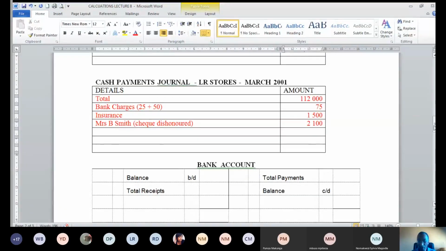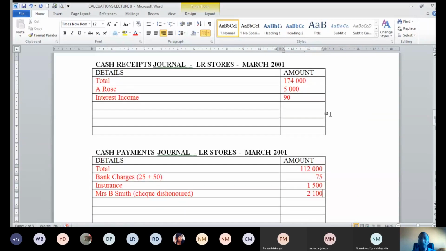So in my cash receipts journal now, guys, I need to add up all the amounts in my cash receipts journal. And if I add that up, guys, I will get 179,090.